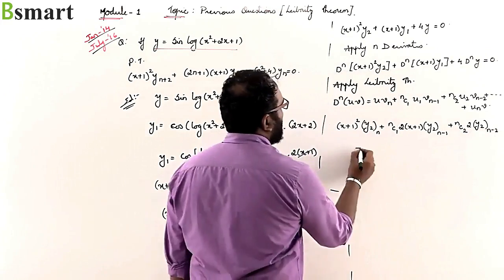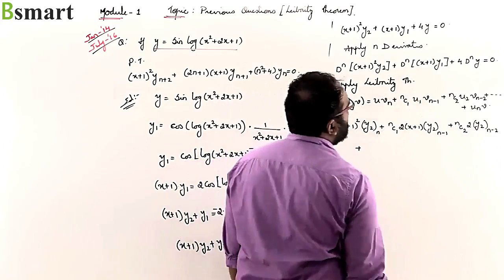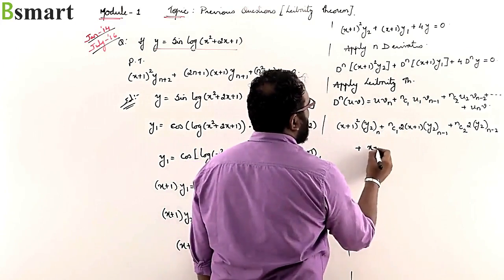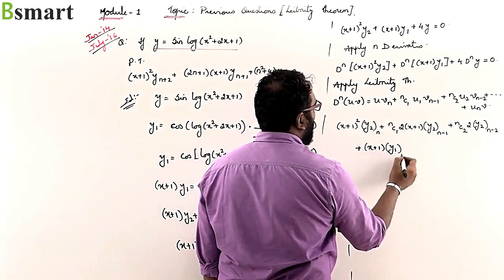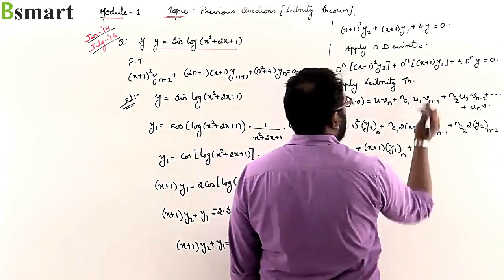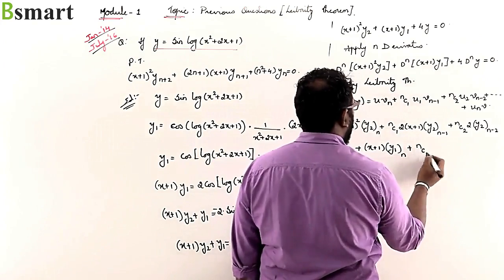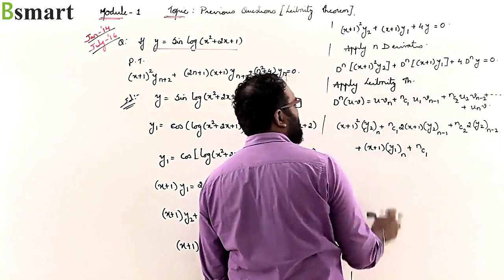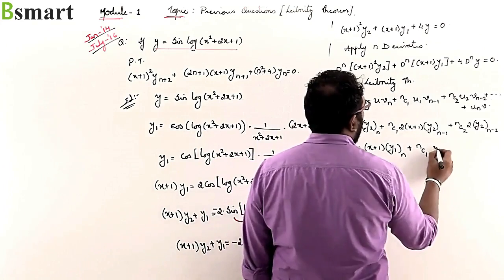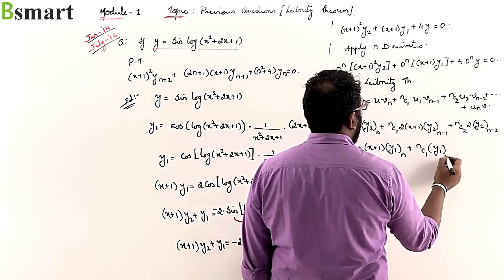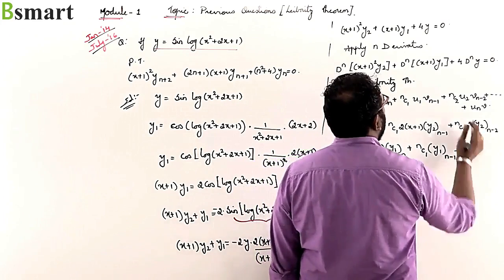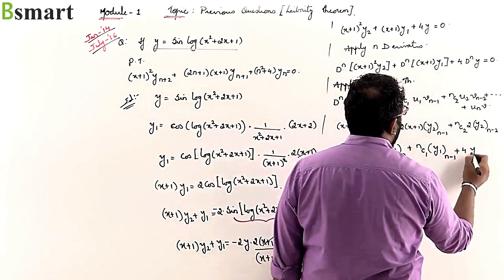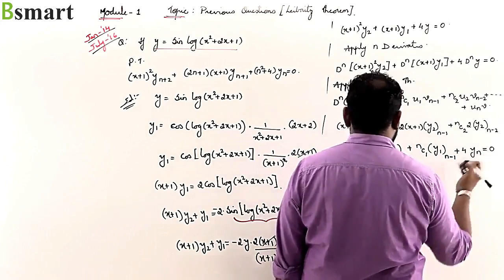Plus again apply the Leibniz theorem for this, so that is x plus 1 into y1 of nth derivative. For this, nC1 into the derivative of x plus 1, which is 1, into y1 of n minus 1, plus 4 into d to the power n of y, which is yn, is equal to 0.